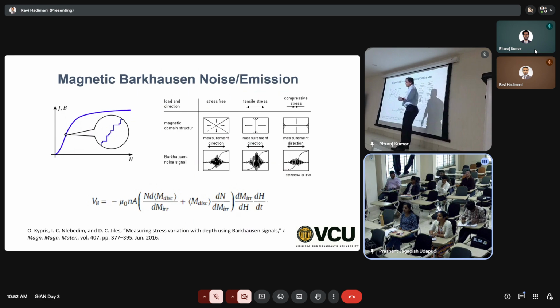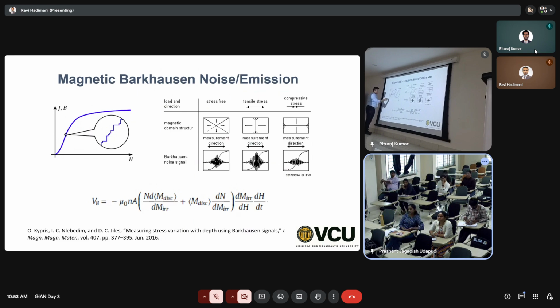And the other one is slightly more sophisticated, where it doesn't matter with the cracks or microcracks or nanocracks, even if there is residual stress, you can sense it. This is a much more sophisticated and complicated concept, wherein you know this curve, right? When you apply magnetic field, you get an increase in B or M, magnetization.